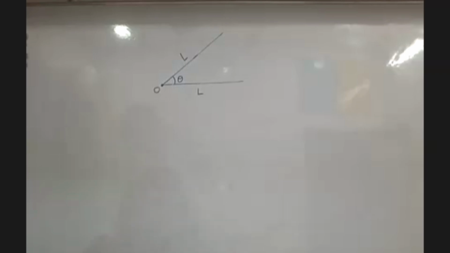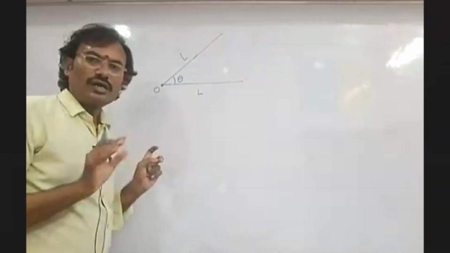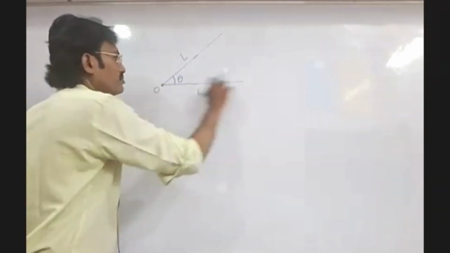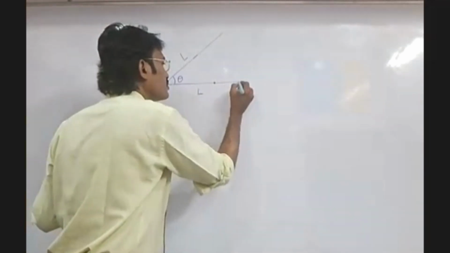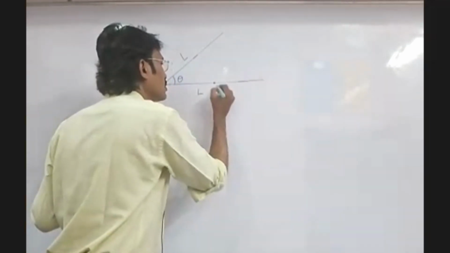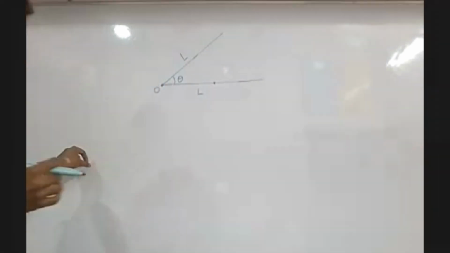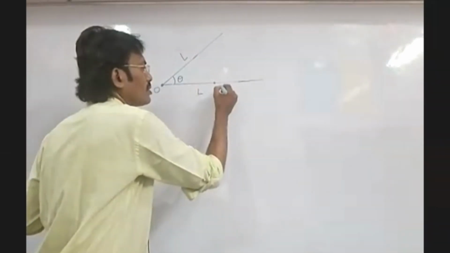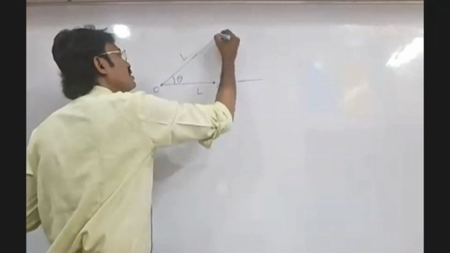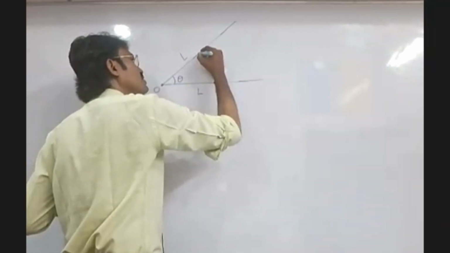For that purpose, I consider the individual rods. This is one rod. The center of mass lies here, and I am taking that as C1. For this rod, the center of mass lies at the center of this rod.